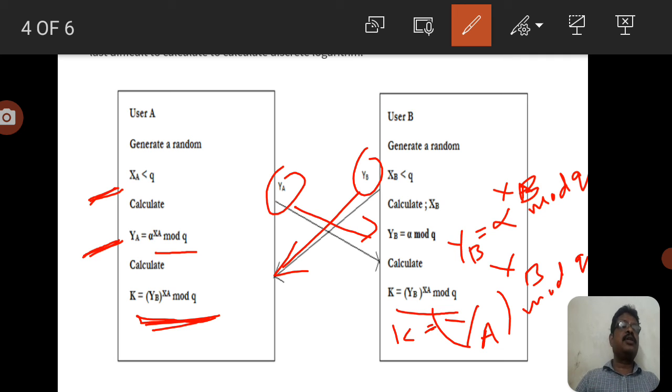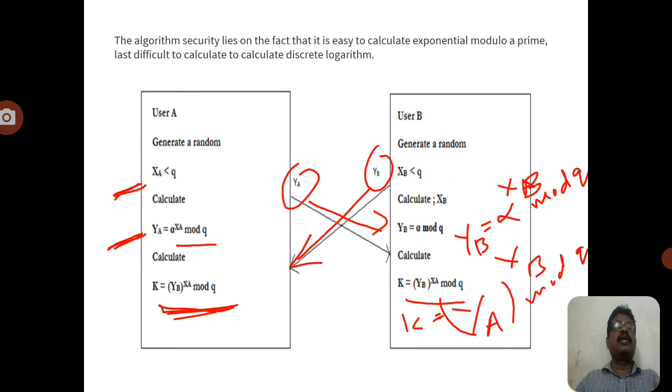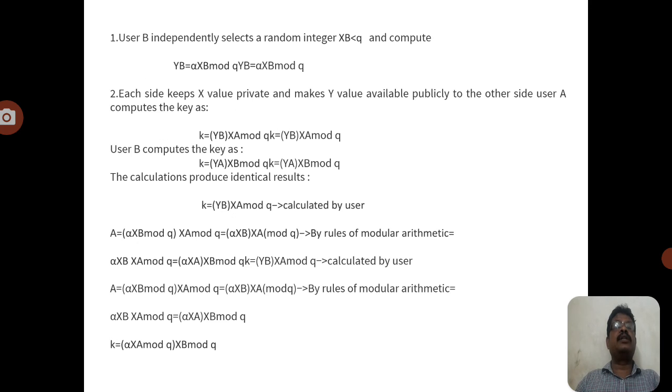So here you can observe, this is the common secret key generated by both users. This is the technique of the Diffie-Hellman key exchange algorithm. Now you can observe some of the merits of this algorithm.